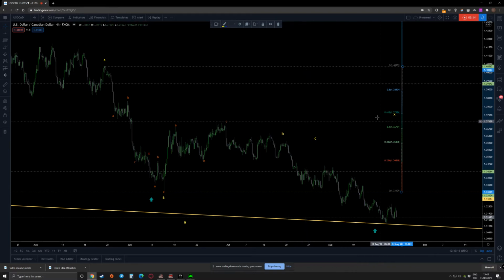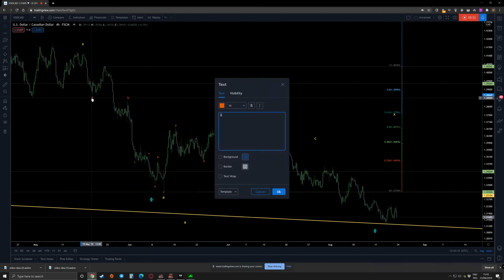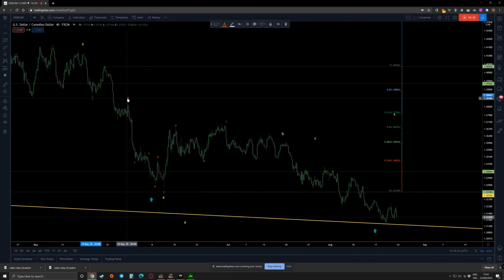We are not close to 618. What does this mean? It means that we are dealing with a zigzag rather than a flat. So this stuff changes. It means that this is the end of the X wave, and what we should be looking for is 1, 2, 3, 4, 5. This is what we should be doing.